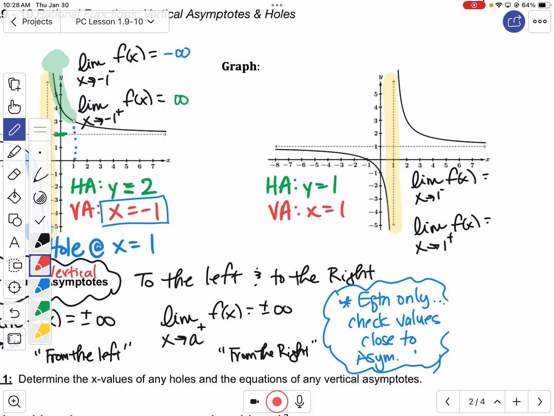Which way is it going as I go to the asymptote from the left? Negative infinity. And which way is it going as I get close on the right? Positive infinity. So, any questions about writing those limits? Because that's different from when we're doing end behavior.